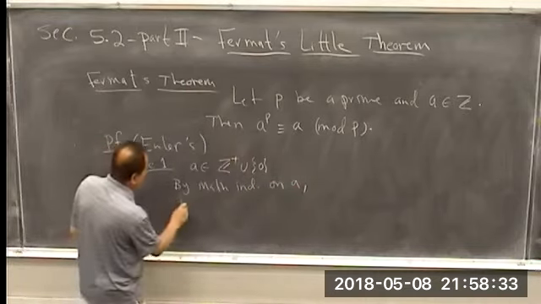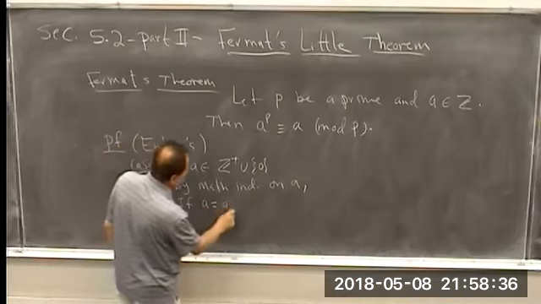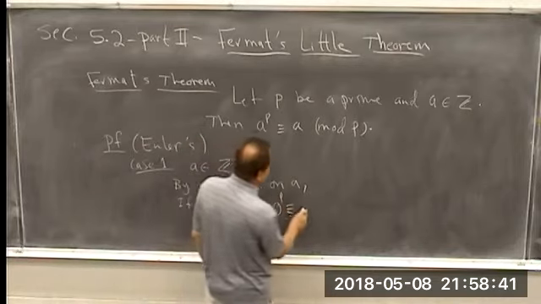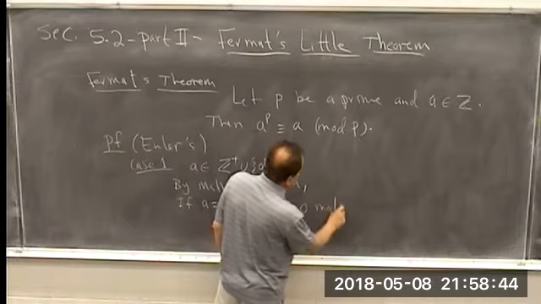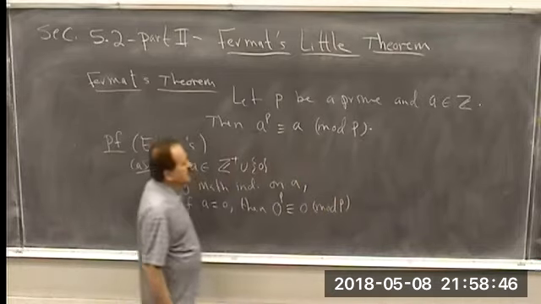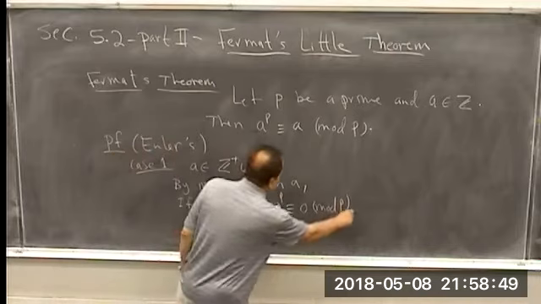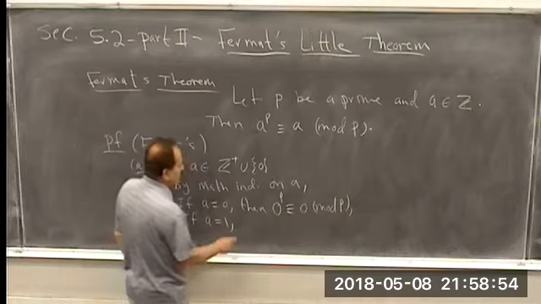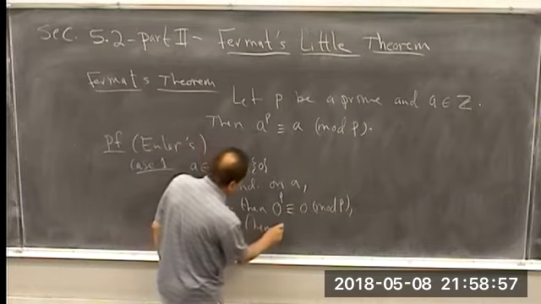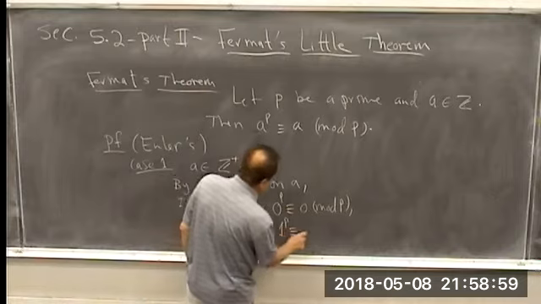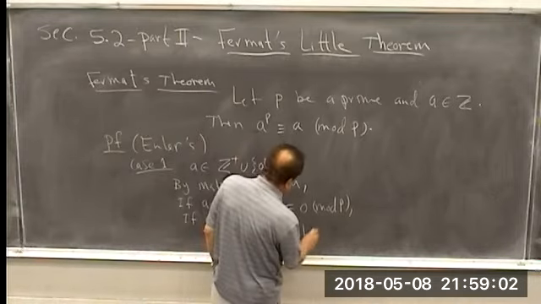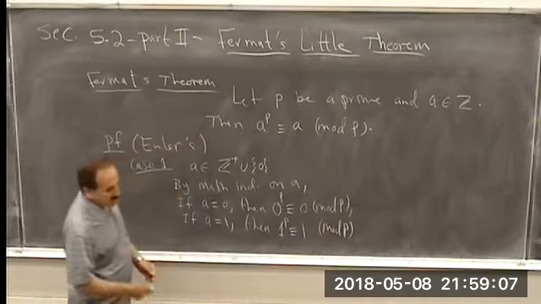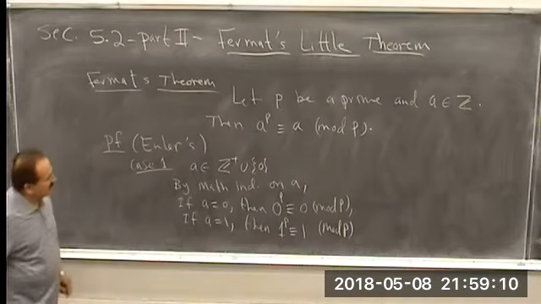If a is equal to 0, then 0 to the p is congruent to 0 mod p, because it's actually equal to 0. Also if a is equal to 1, the statement is true: 1 to the p is equal to 1, so it is congruent to 1 mod p. So the statement holds for 0 and 1.